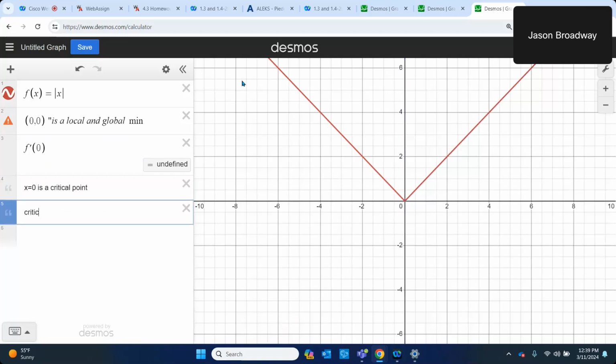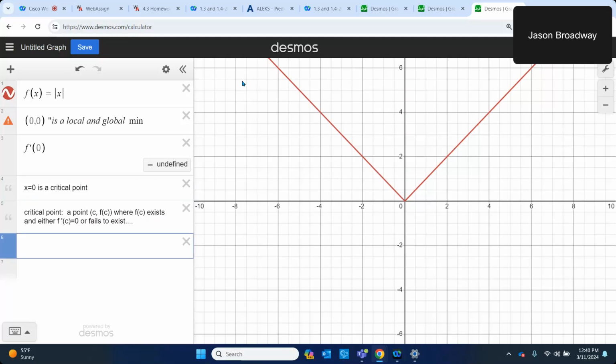And remember about a critical point, it is a point (c, f of c) where f of c exists, and either f prime of c equals 0 or fails to exist. That's a critical point, right?